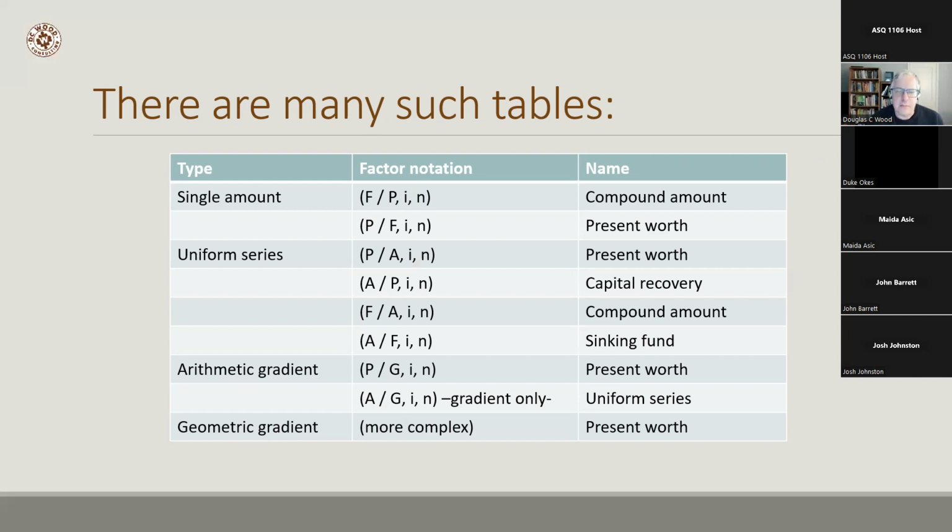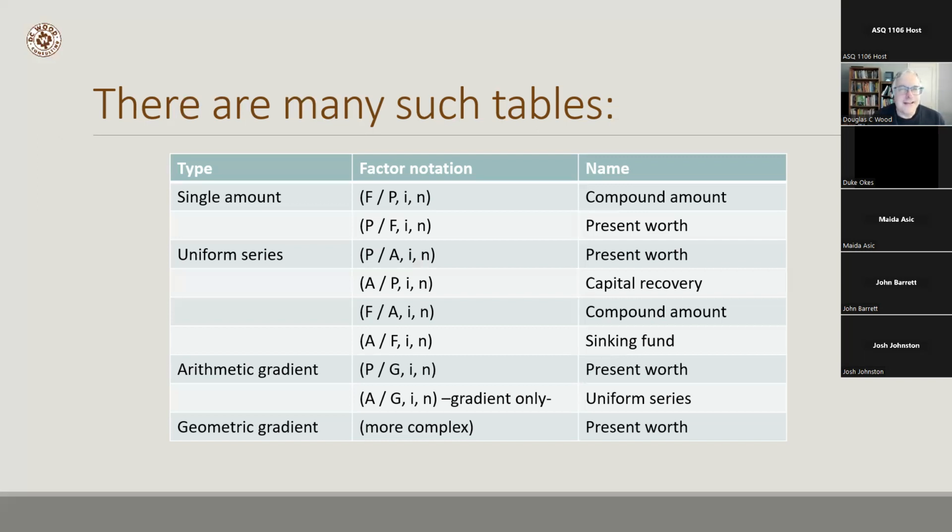So the factor in the middle is how you write it on paper, right? So F/P, F is future, P is present. We just used the uniform series A/P.